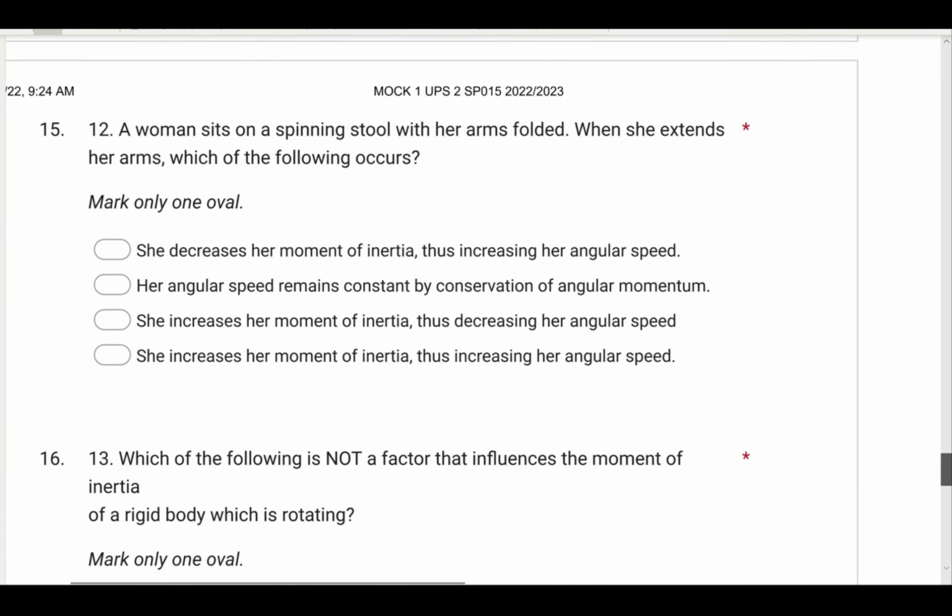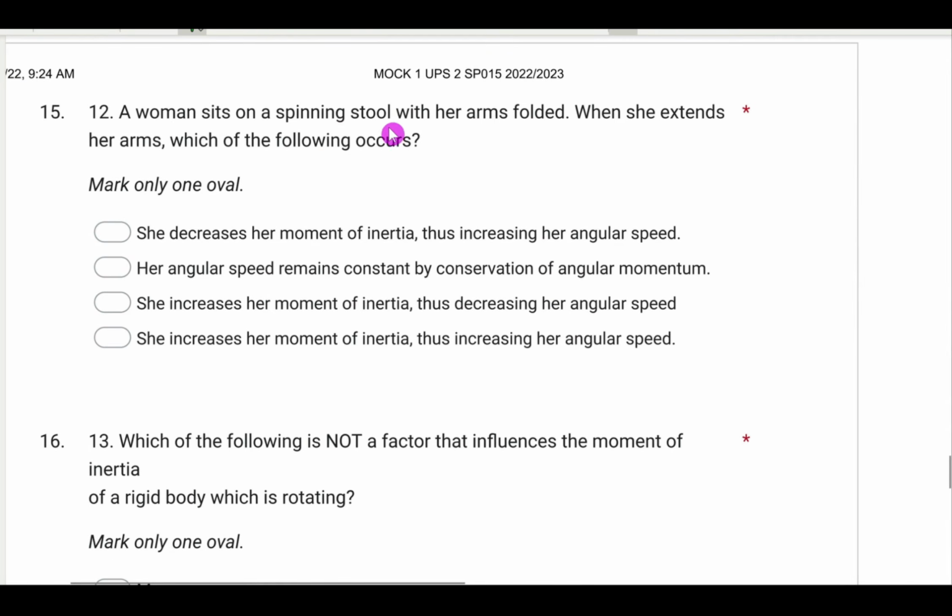Next, question 12. A woman sits on a spinning stool with her arms folded. When she extends her arms, which of the following occurs?